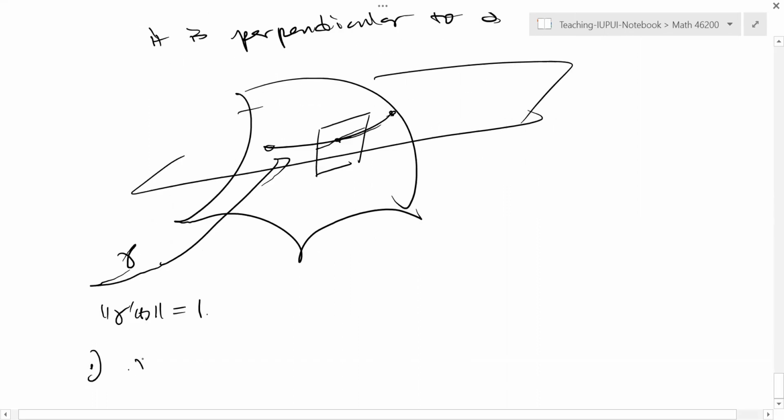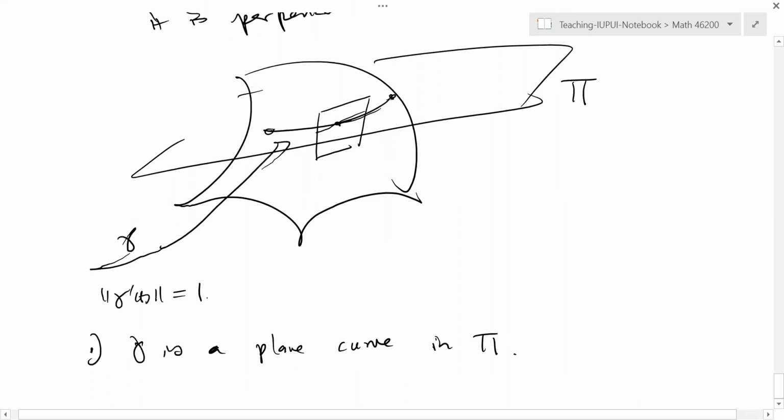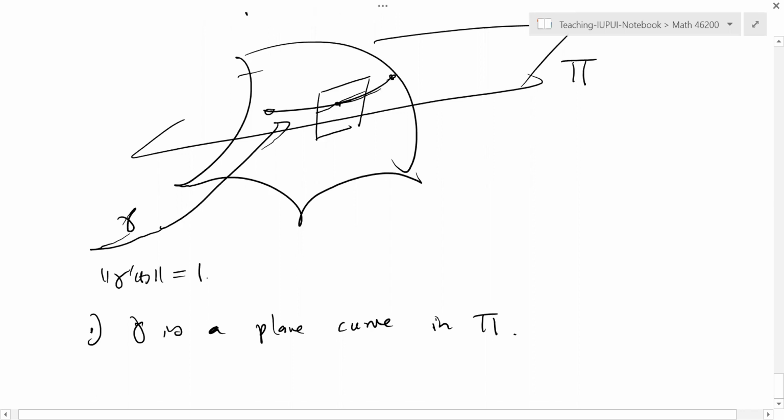First, gamma is a plane curve in the plane, which we call pi.